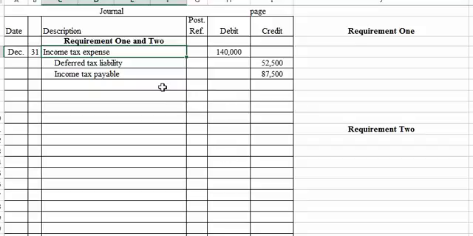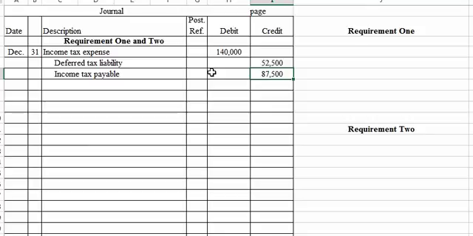But because we're able to take more expense on the tax return, taxes owed this year, $87,500, is less than what we're deducting on the financial statements for income tax expense. What we're doing really is delaying paying income taxes because we're able to take more depreciation this year on the tax return than we are on the books. Which is a good thing for us, right?